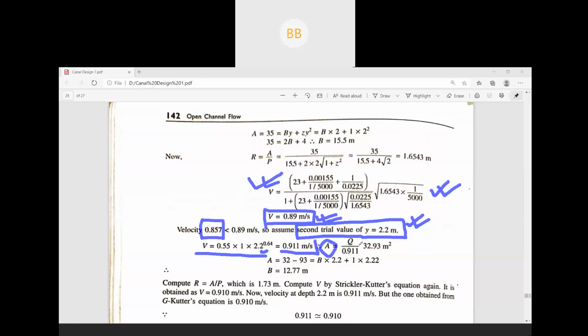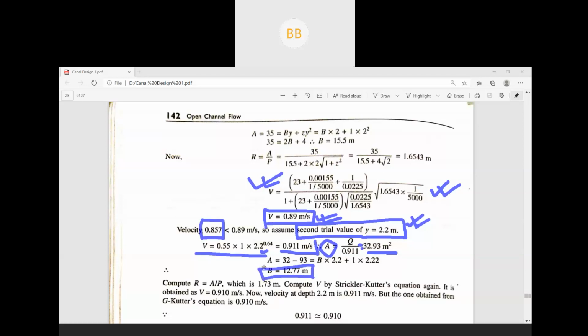This size is already known, so you can find out the area. Once you find out the area by using the area equation of a trapezoidal channel, you can find out the width of the channel.